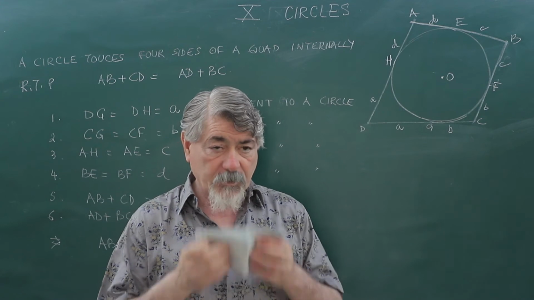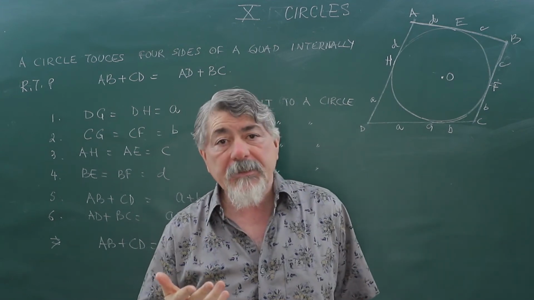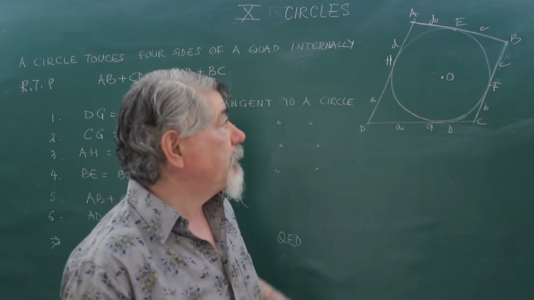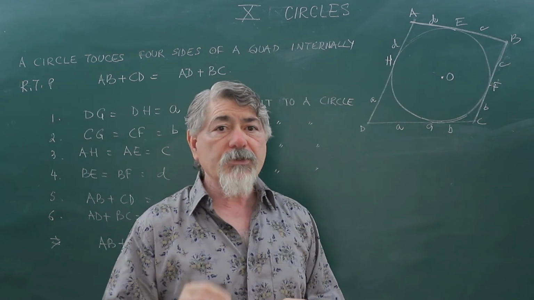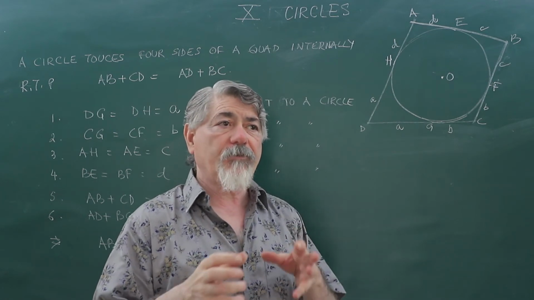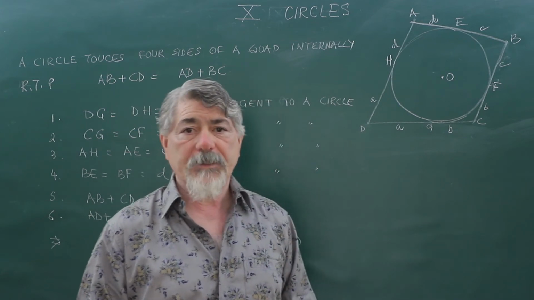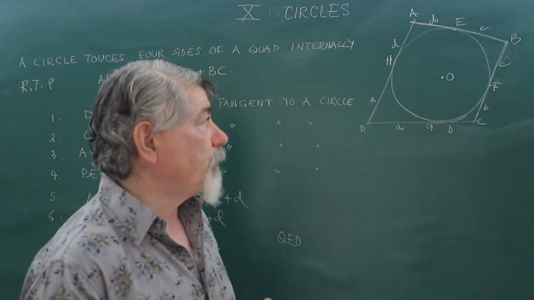The next was that if a point is taken outside the circle, we can draw only two tangents to the circle from that point, and those two tangents drawn from an external point to a circle are of equal length. So we are going to use the properties of tangents to solve the problem.